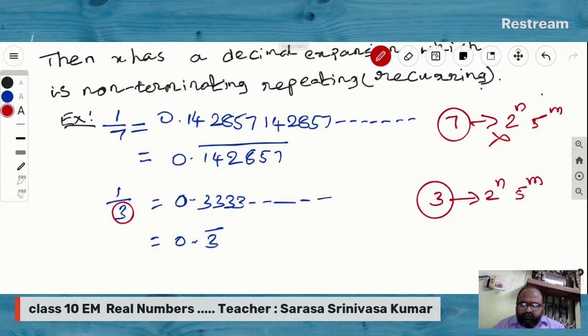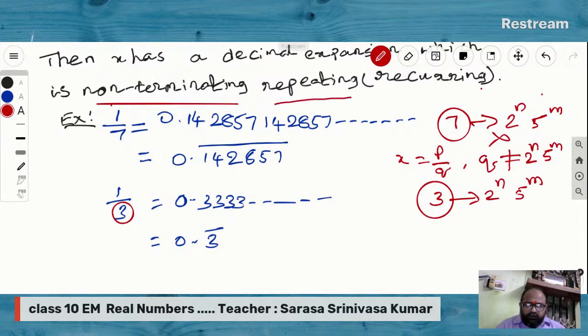When a number x equal to p by q is given, and the denominator q is not in the form of 2 power n 5 power m, then we get a decimal number which is a non-terminating, repeating or recurring decimal.